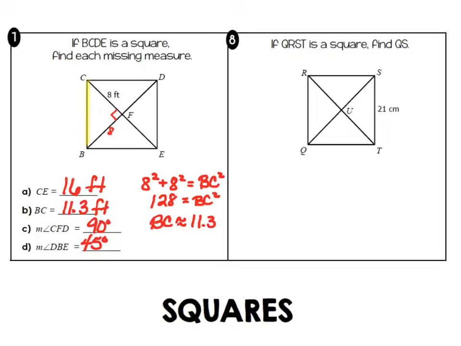Okay, and last, if QRST is a square, find QS. All right, so we know it's a square, so it has a ton of properties. Find QS, that's this line right here. And all we're given is this is 21. So that is a right triangle. Both sides are 21.